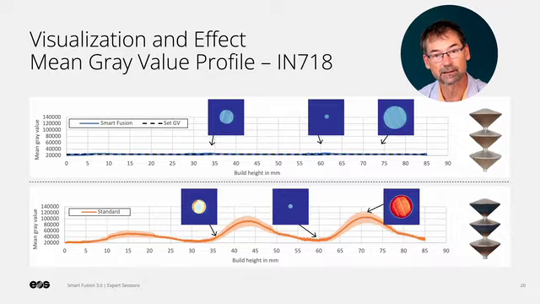In the upper signal we have a flat line at the gray value set by Smart Fusion with some minor ripples at the thermal bottlenecks. These are the time spans where the Smart Fusion process regulates. The bottom graph shows a very lively signal with up to 5 times the gray value of the standard process. This is a thermal history of massive overheating.